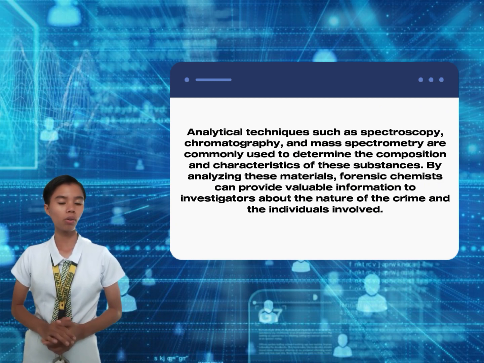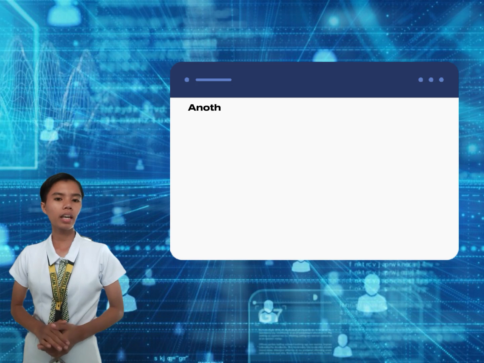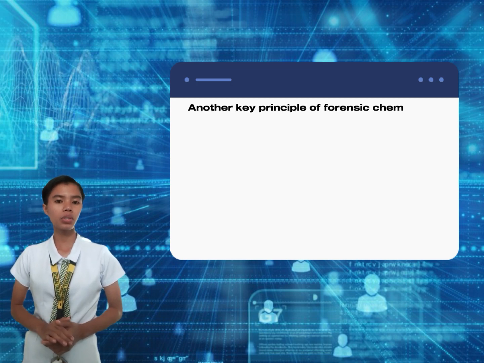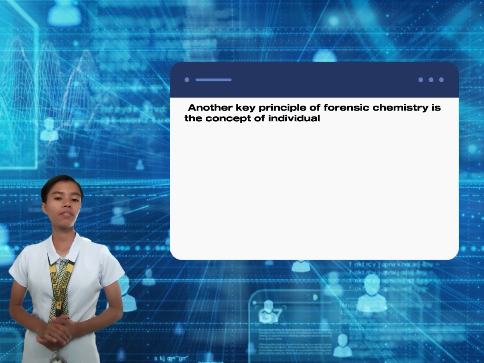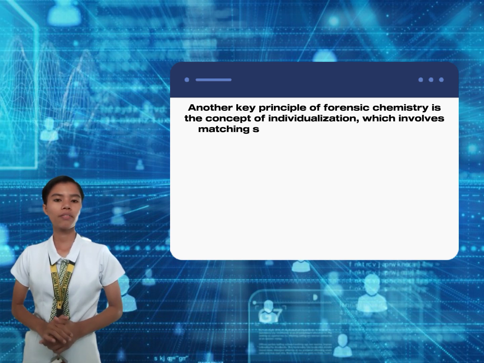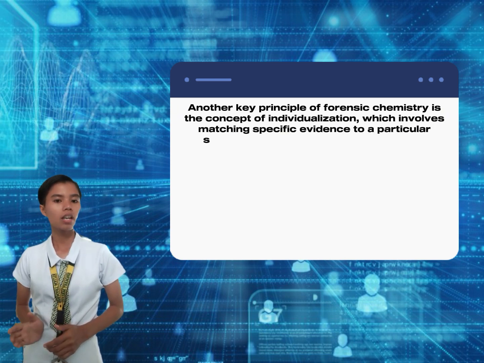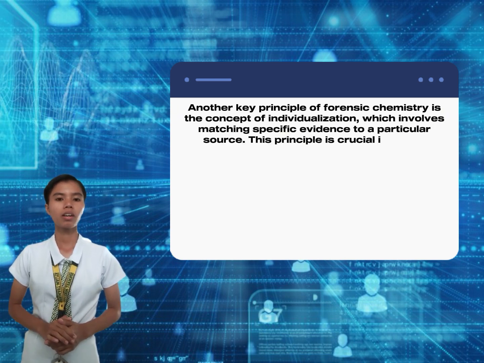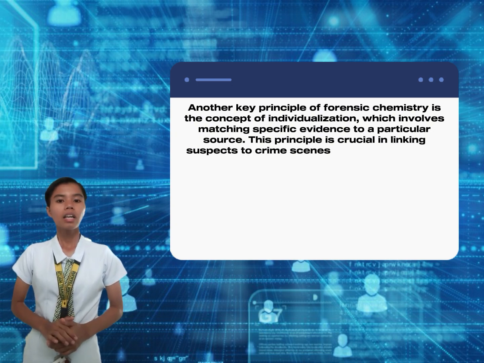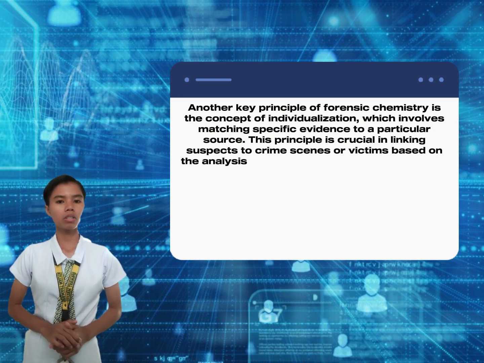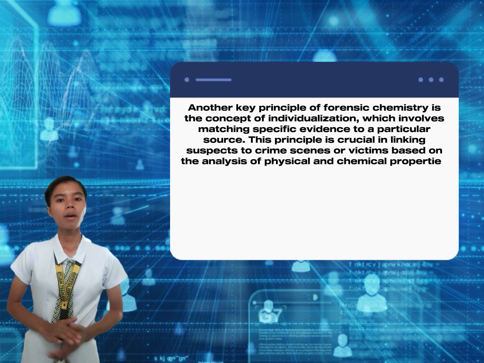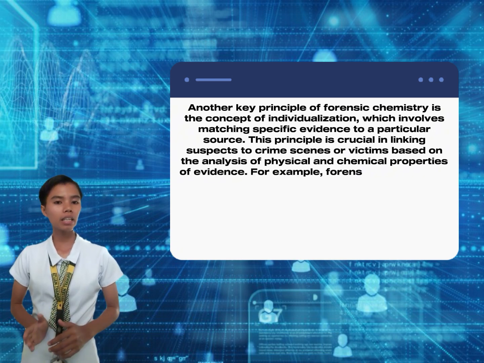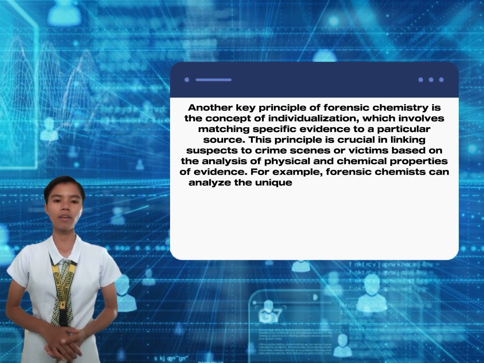the individuals involved. Another key principle of forensic chemistry is the concept of individualization, which involves matching specific evidence to a particular source. This principle is crucial in linking suspects to crime scenes or victims based on the analysis of physical and chemical properties of evidence.